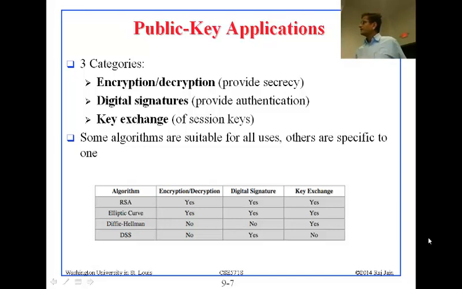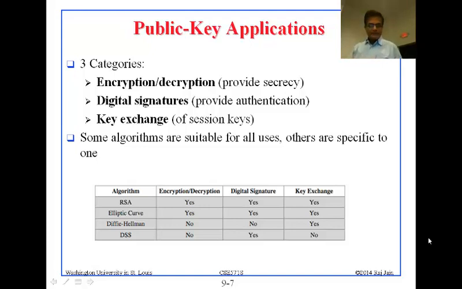So for example, digital signature is designed for signature, not for key exchange. Diffie-Hellman is designed for key exchange, but not for signature. Elliptic curve can be used for all 3, and RSA can be used for all 3. So right now, basically, RSA is the most common current method for public key, and elliptic curve is coming. So basically, those are the 2 methods.